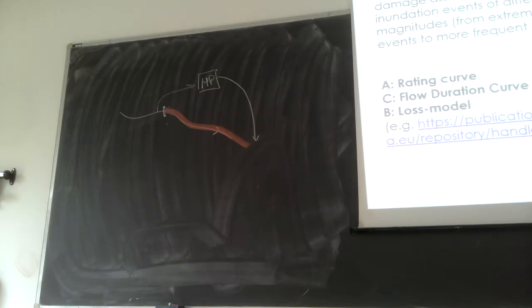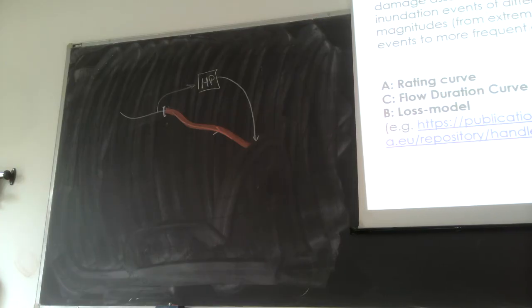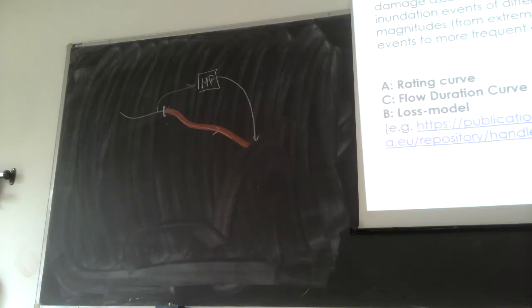Of course, there's a lot of uncertainty in damage models. These are simplifications of reality, you understand this. Empirical curves with a lot of noise behind them, but it is sensible to say that if the river stage increases, the damage will increase.